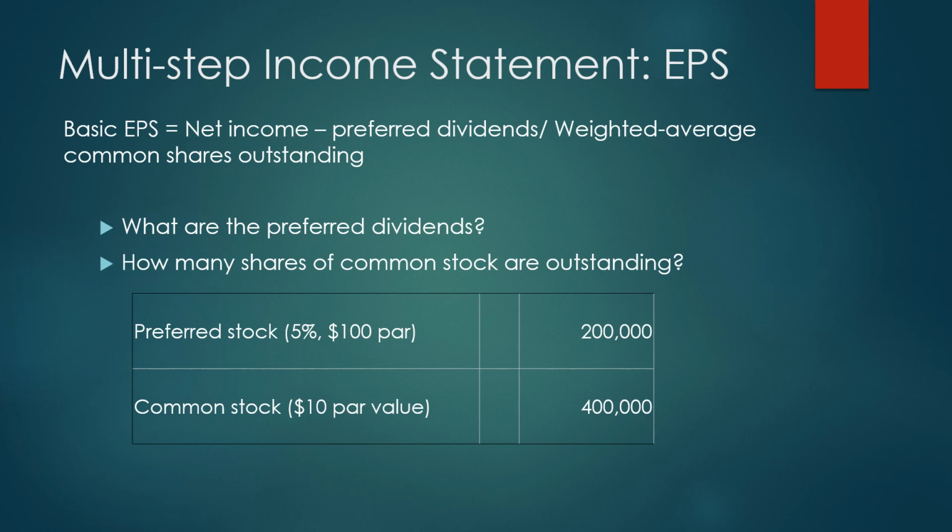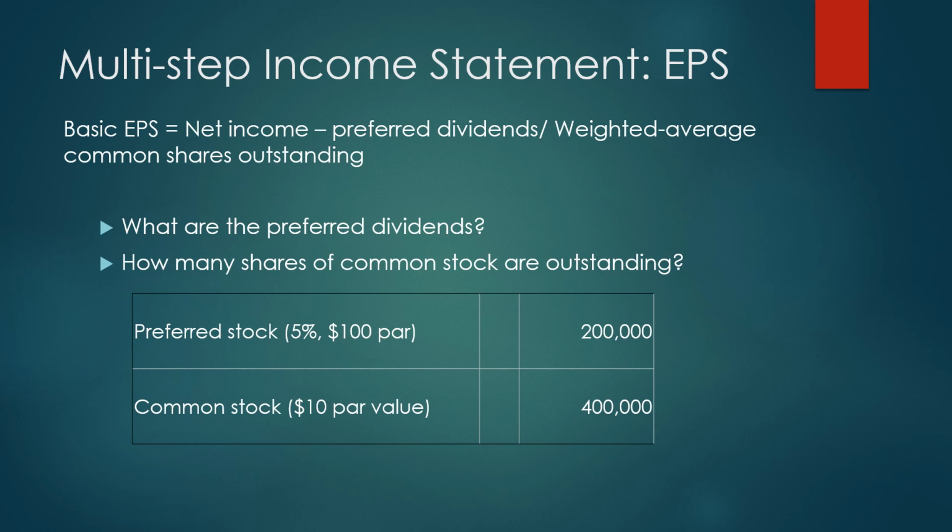So we're going to take net income, and essentially what we want is net income available to the common shareholders. So you're going to subtract out those preferred dividends and divide by the weighted average common shares outstanding. To get weighted average common shares outstanding, we're going to take the common stock balance of 400,000.